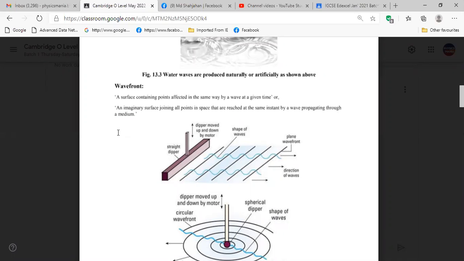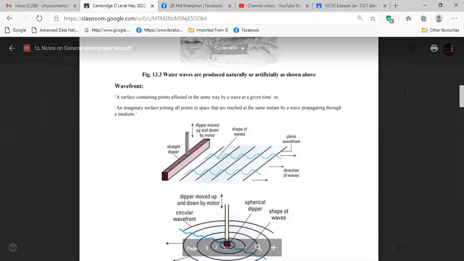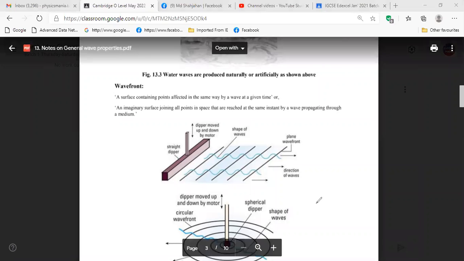After writing this, we write in short. You do not need to draw here, you just write it here.